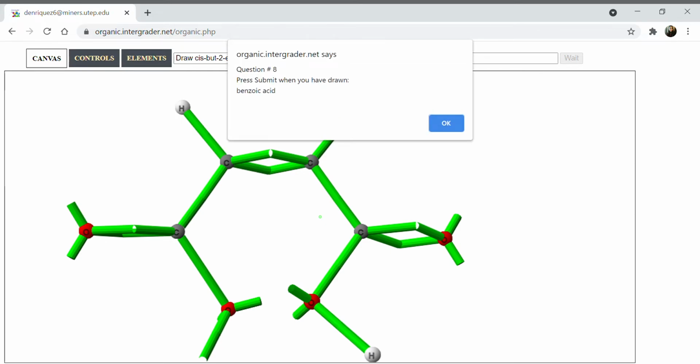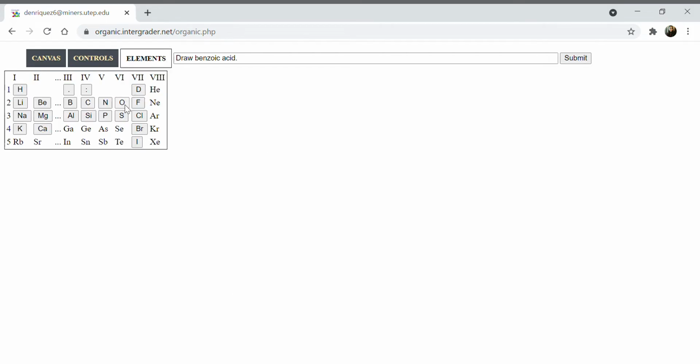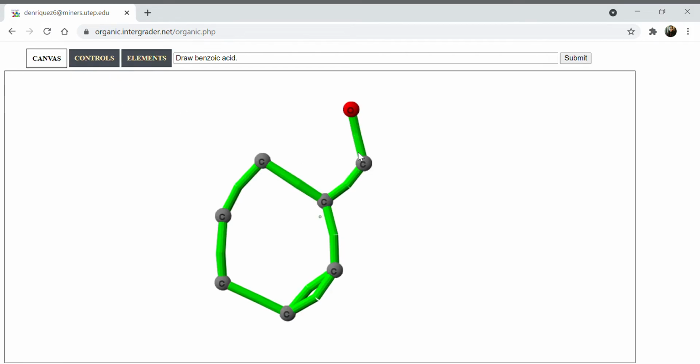Okay, benzoic acid. This one is just a benzene ring. I'm going to add my double bonds now because I forgot last time. So I put a double bond here, I'll put one here, and right here. And I'm going to add a carbon, and my double bonded oxygen, and my single bonded oxygen. It's just benzoic acid.